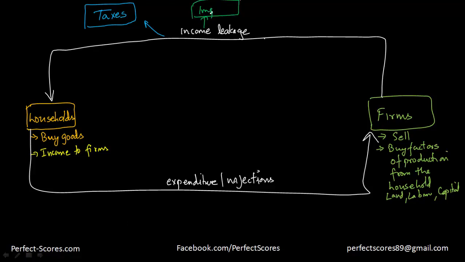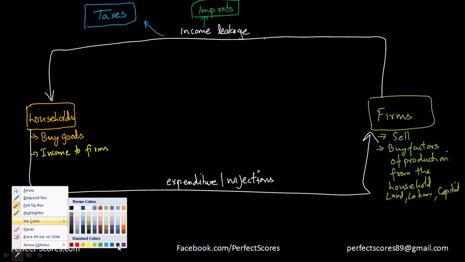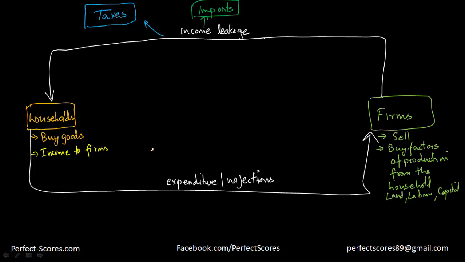Let's suppose there is some raw material which is not available from the households. So these firms will be buying that raw material from outside the economy. That acts as an income leakage, because the income leaves the economy. If a firm is importing all its product, that means all the income of the firms is going outside the economy, which is a bad sign for the economy.